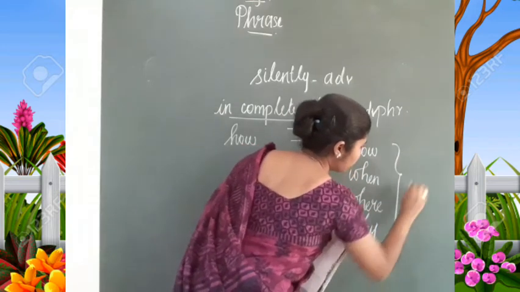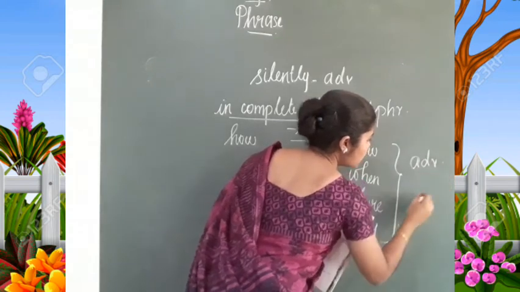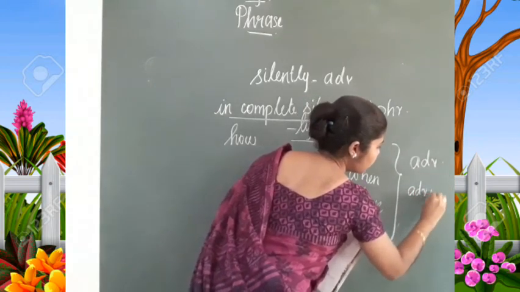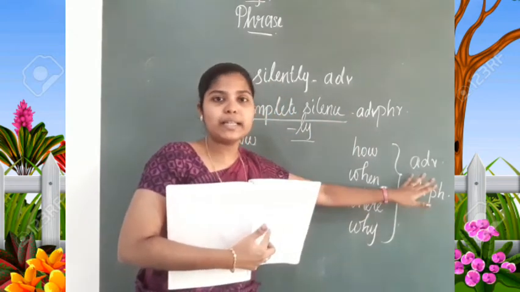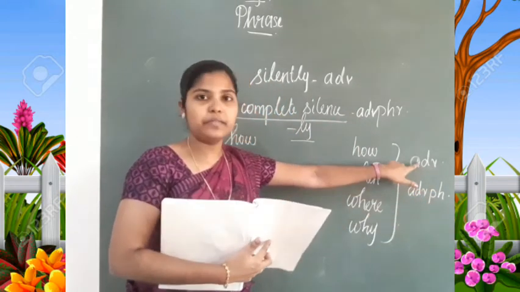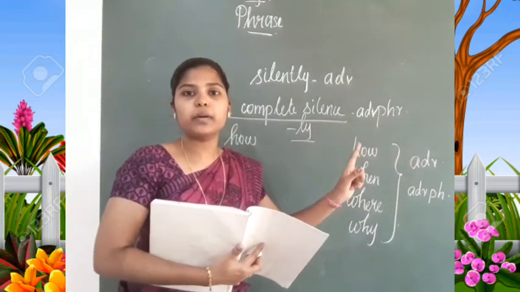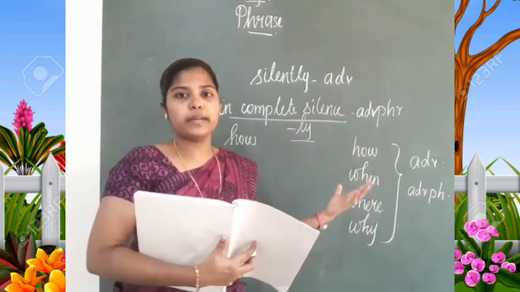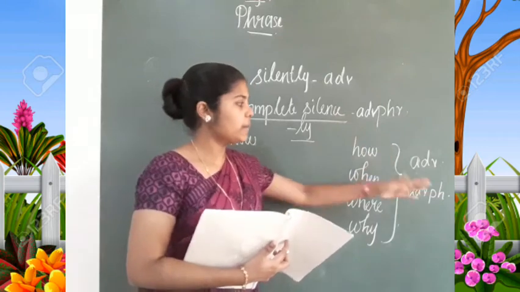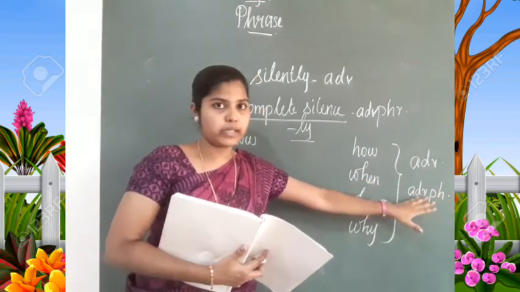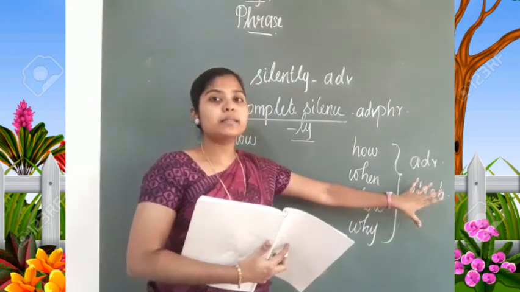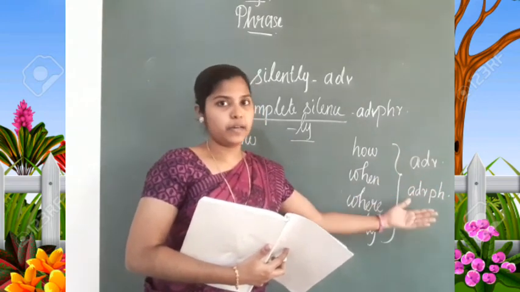Adverbs and also adverb phrases. What is the difference between these two? An adverb is a single word which modifies the verb. In the same way, a phrase itself is a group of words, so this group of words modifies the verb.